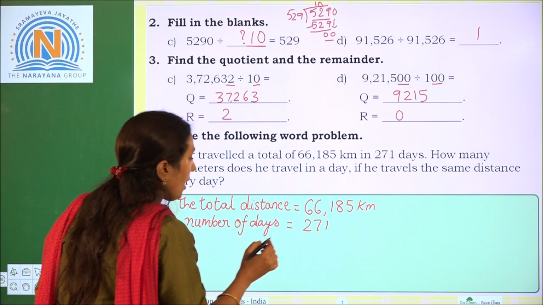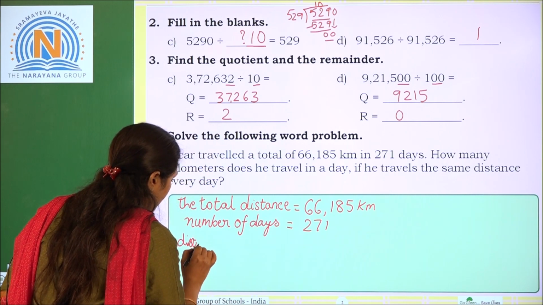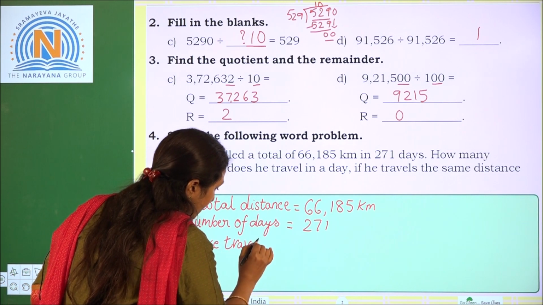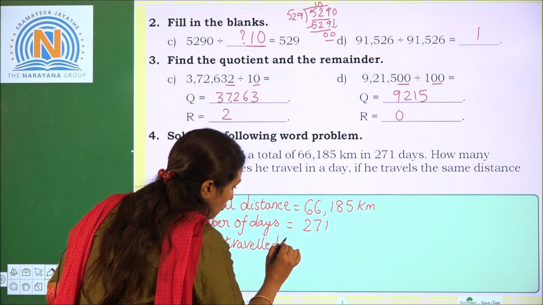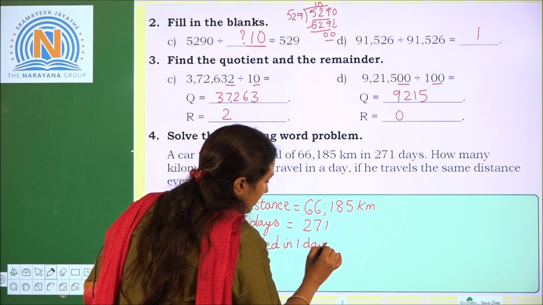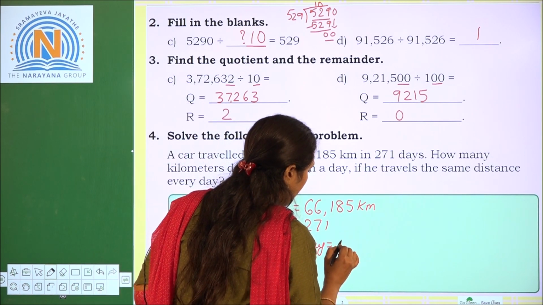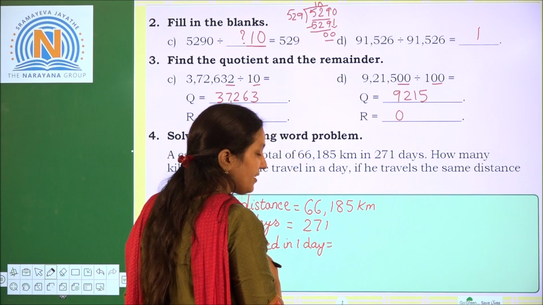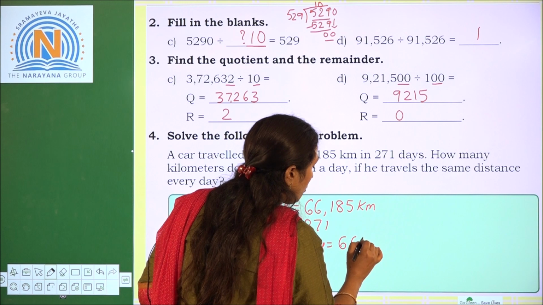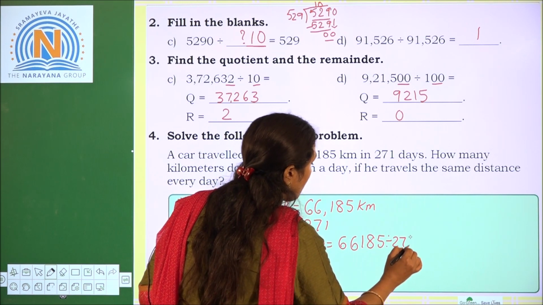Okay, for that, distance traveled in one day equals, what do we have to do? We have to divide the given distance by the number of days. 66,185 is divided by 271.